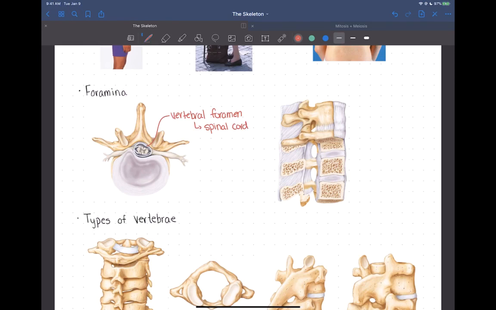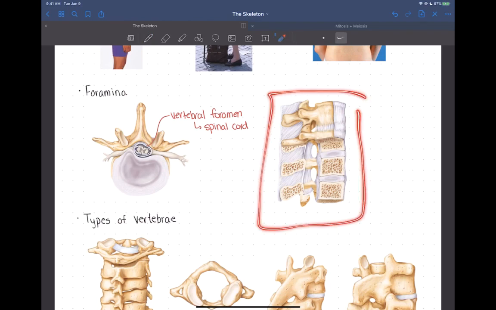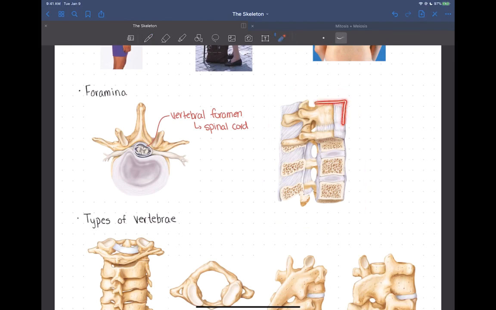And then the other really important foramen that you should know comes when you put the vertebrae together and they articulate with each other. We can see that here on this picture. When we have our vertebrae stacked on top of each other, you can see that there's a hole that forms between them here. This is called an intervertebral foramen, intervertebral meaning between the vertebrae.